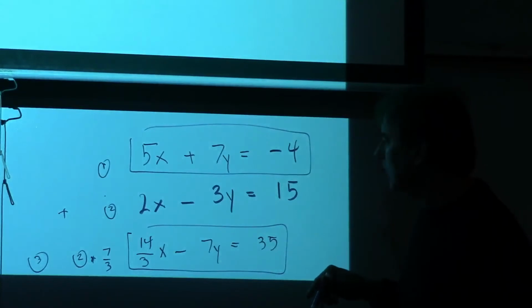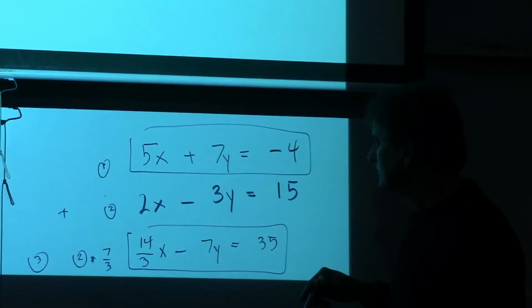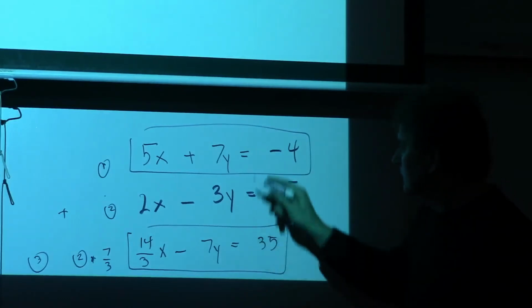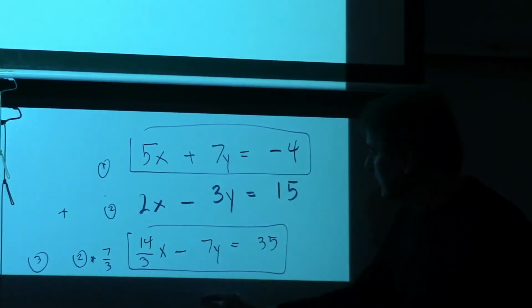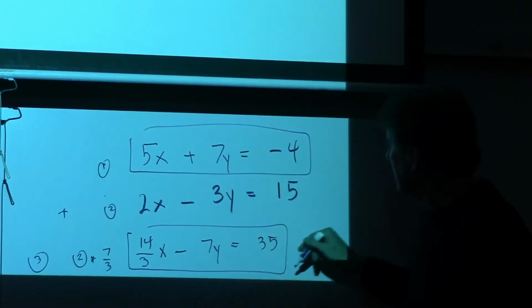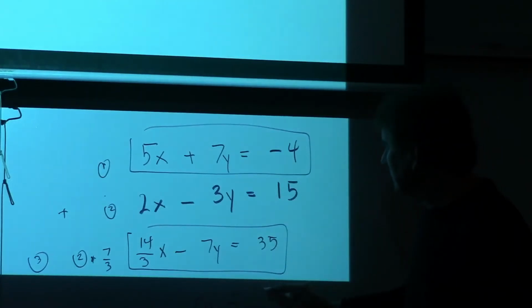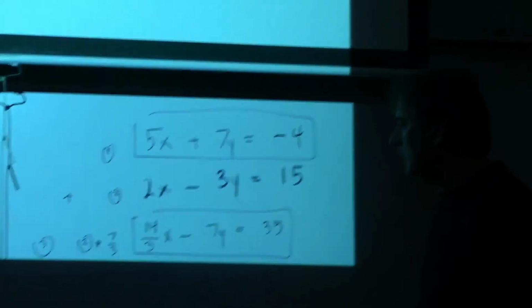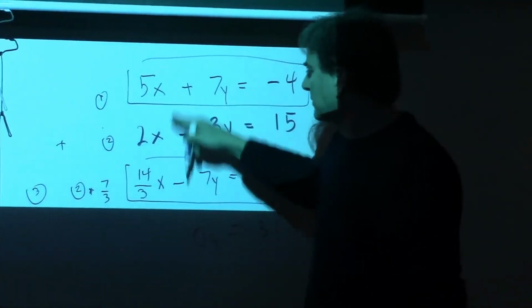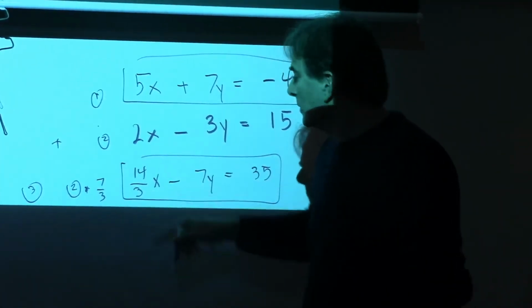So in this case, if I add these equations together, I'm going to get 0y, and then I'm going to have negative 4 plus 35, which is 31, and then I have 5x and 14/3 x.